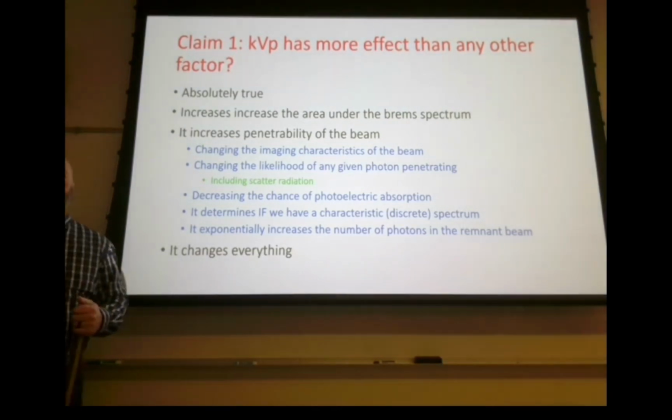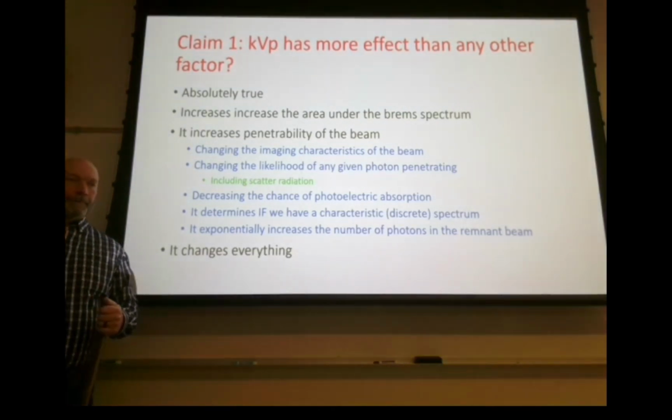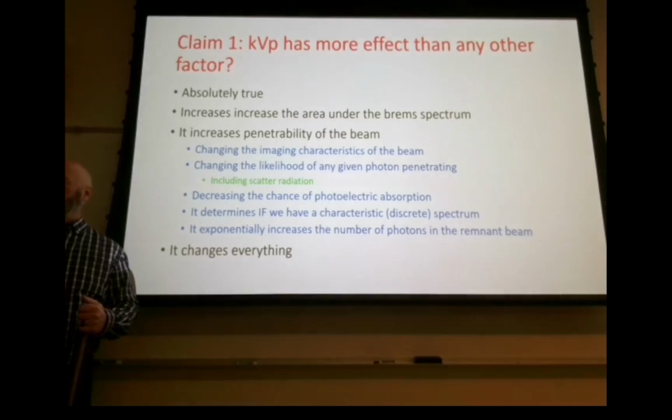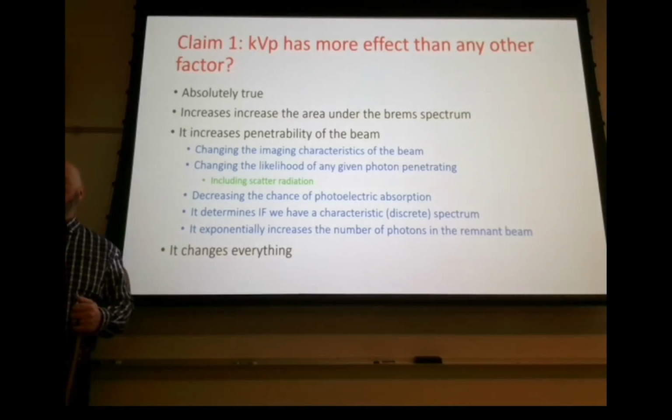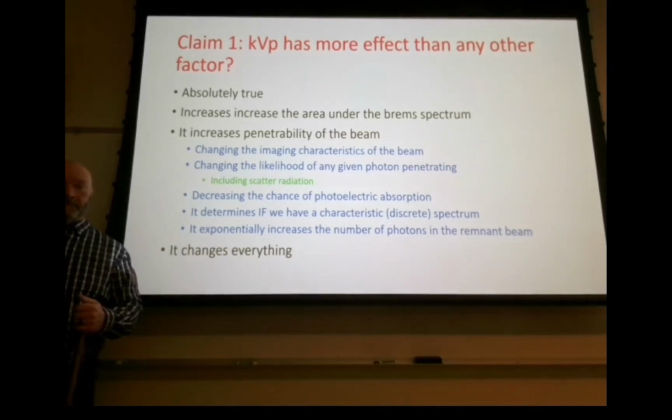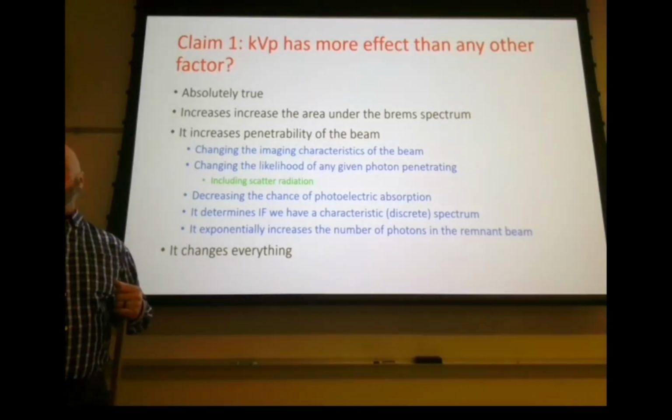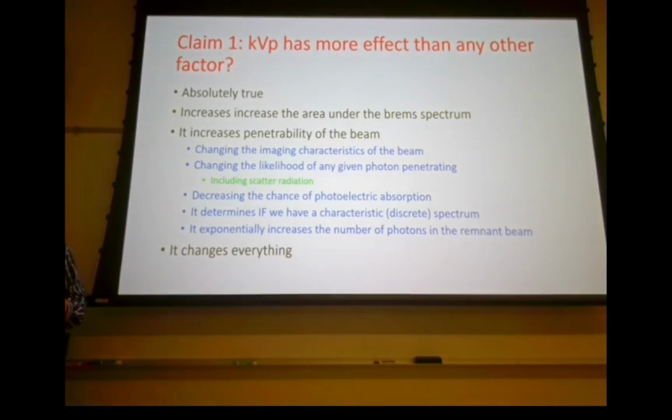We can have one that enters the patient, bounces around, and then exits the patient, and what do we call that? It's penetration, but it's scattered, right? We've got photons that can enter the patient and just absorb, and that's photoelectric.